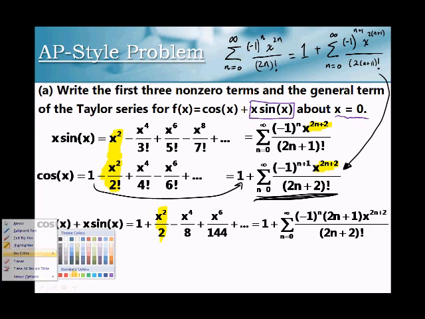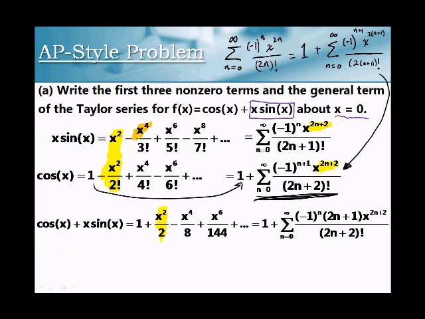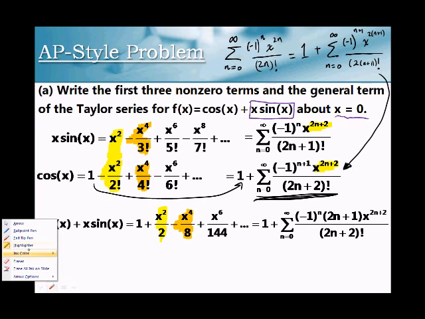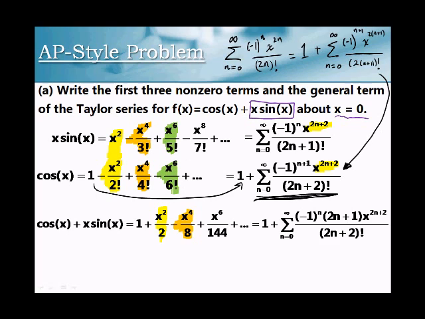If I follow this term by term, if I do negative x to the fourth over 3 factorial plus x to the fourth over 4 factorial, that's going to be minus x to the fourth over 8. And then, going to continue this on. If I do x to the sixth over 5 factorial minus x to the sixth over 6 factorial, that's going to be x to the sixth over 144.